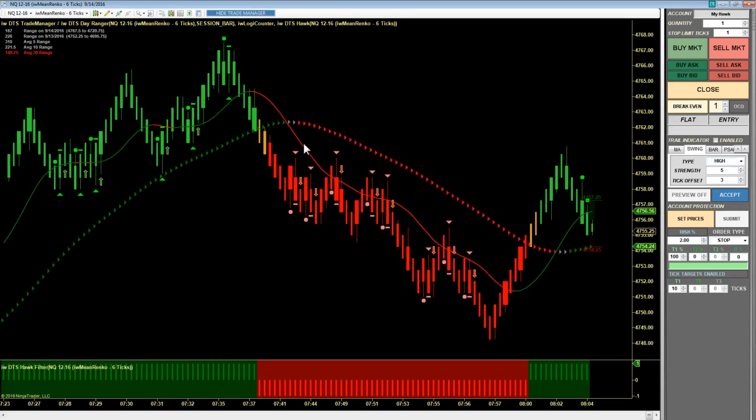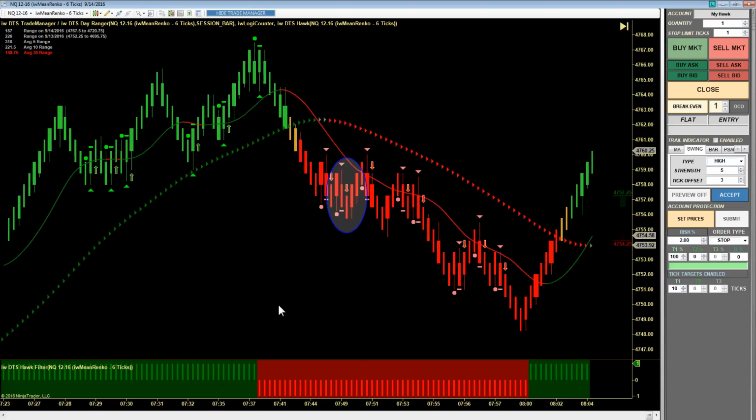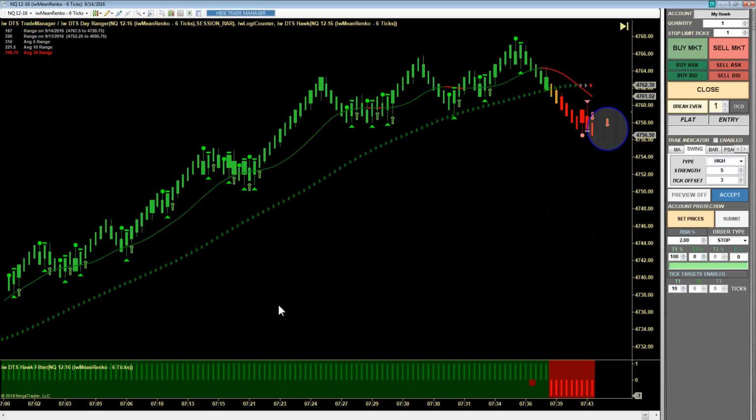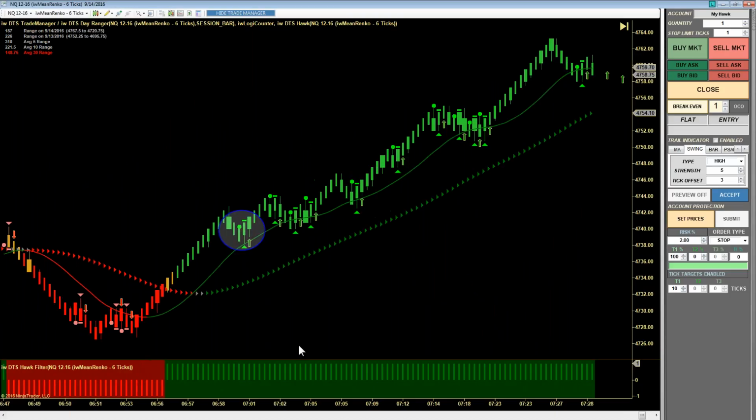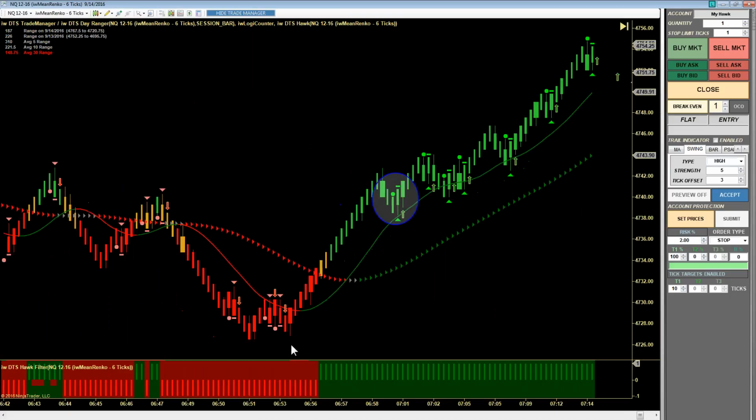So you're looking for the micro line to cross the macro line, and it's the first signal where everything is in sync. There's one right there. All right, first micro-macro cross signal, red filter, red bars, red signal, red trend lines. Here is another first micro-macro cross signal. Here is another first micro-macro cross signal.